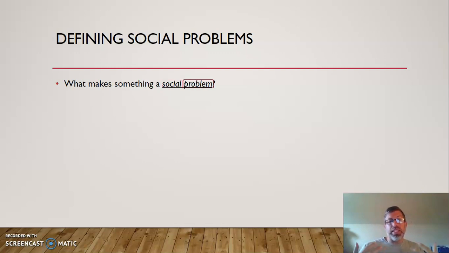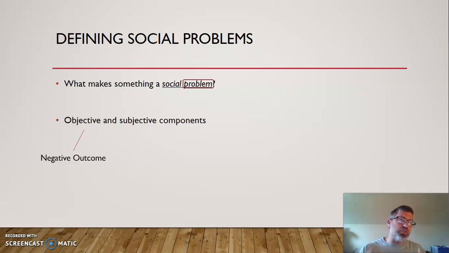Now, the second part is to think of this as a problem. What does it mean for something to be a problem? This is really important and often tricky to understand, so I want to walk through this a little bit. There are really two components to thinking about something as a problem. When sociologists talk about social problems, we can think about both the objective and subjective components.